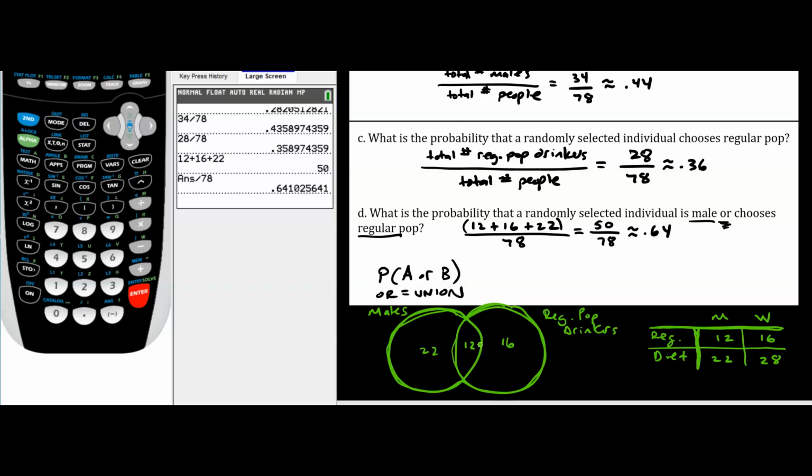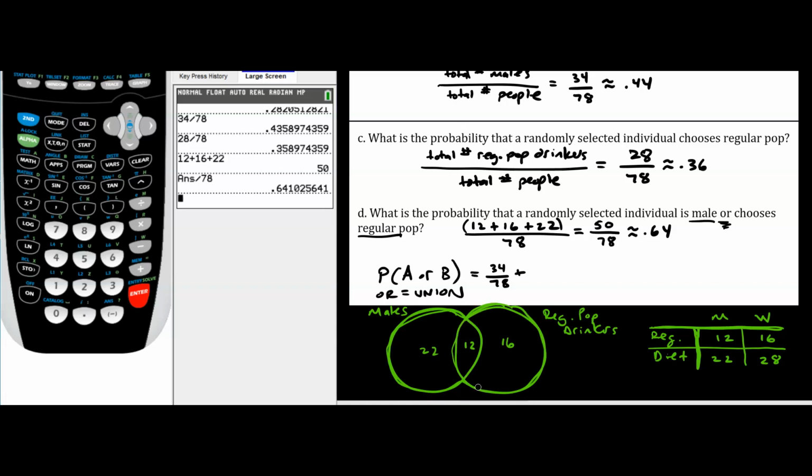If you look at this Venn diagram again, we can figure out the probability of being male by just looking at this first circle. And you'd say, oh, well, the probability of being male is going to be 22 plus 12. That would be 34 out of 78. And so let me write this down. That would be 34 out of 78. And then I could say, let's add that to the probability of being a regular pop drinker.